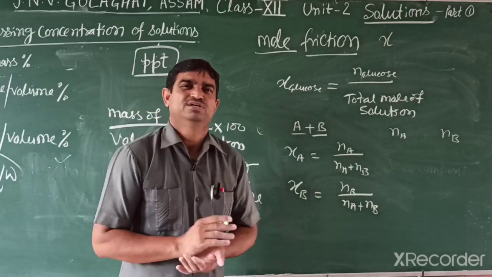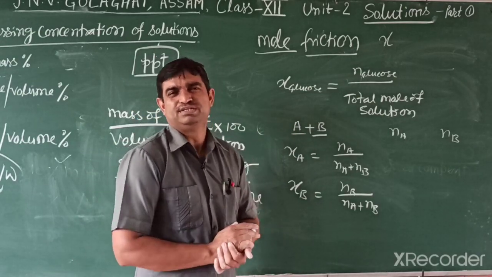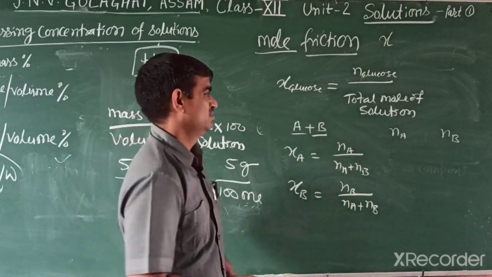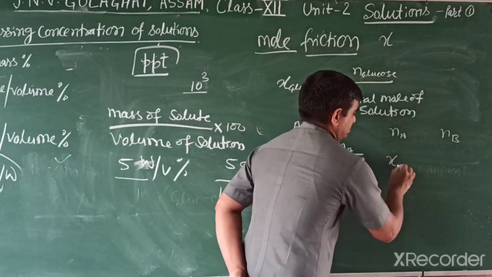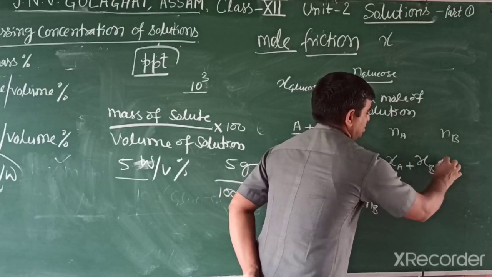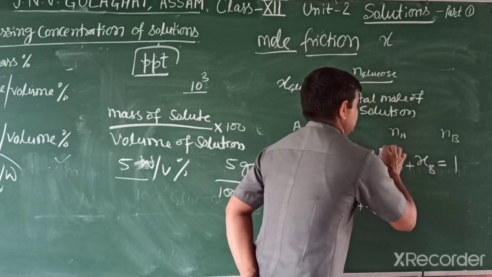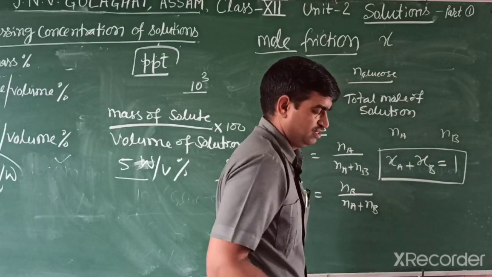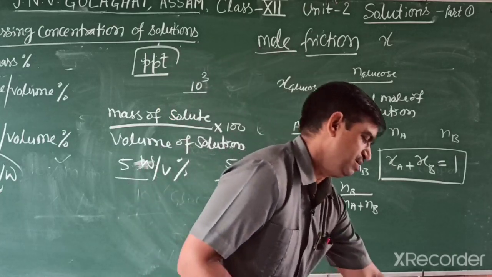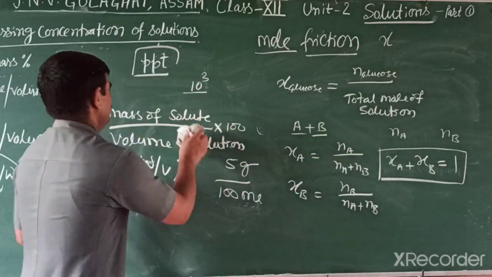Another main concept in mole fraction: the overall mole fraction of all the components is 1. You can say the mole fraction of the first component plus the mole fraction of the second component is equal to 1. This is very important. If a solution has more than one compound, then the sum of all the components' mole fractions is also 1.